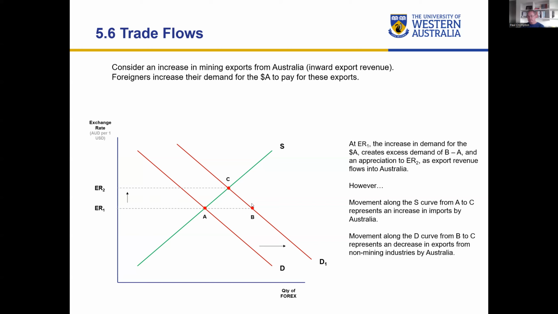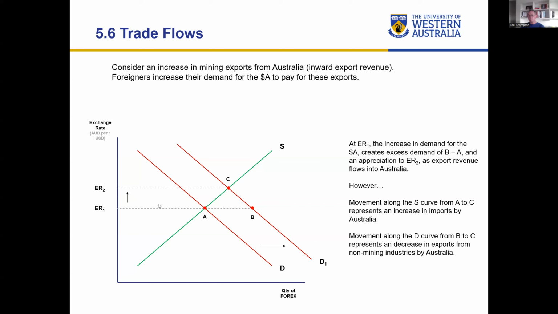And so foreigners are reducing their quantity demanded of the Australian dollar, the amount of Aussie dollars they want, because of the higher exchange rate. So why do they want fewer units of Australian dollars when the exchange rate goes up?